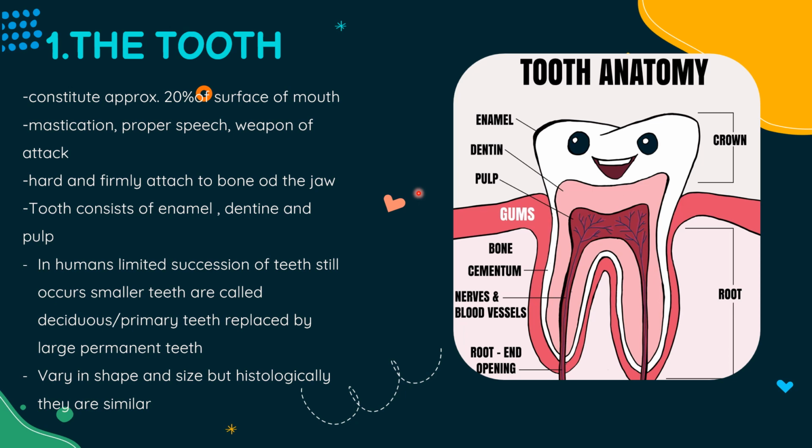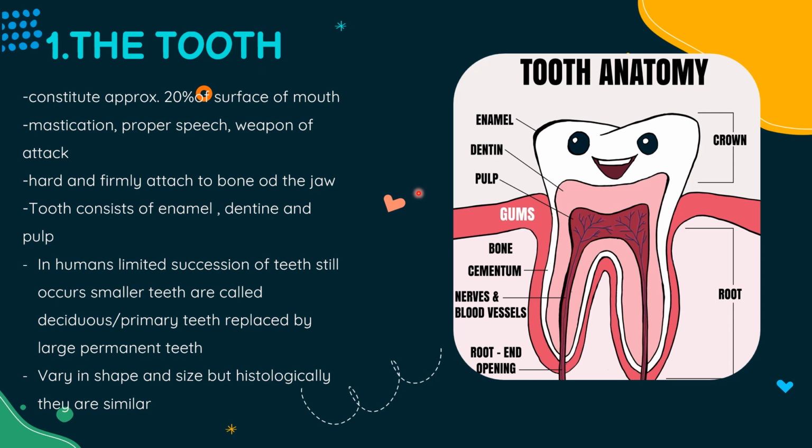So in humans especially, there is limited succession of the teeth. Humans have small size teeth, and they are called deciduous or primary teeth, and then they are replaced by larger permanent teeth. Okay, the permanent teeth grow in place of a milk tooth.